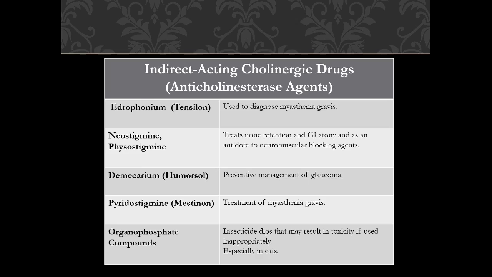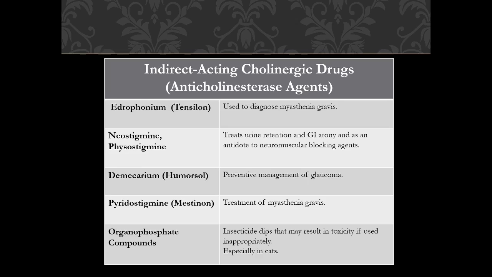Demecarium, or Humorsol, is for the management of glaucoma, so it's an eye medication. Pyridostigmine is for the treatment of myasthenia gravis, and organophosphate compounds. We know these organophosphate compounds are insecticide dips, things that we use as insecticides.